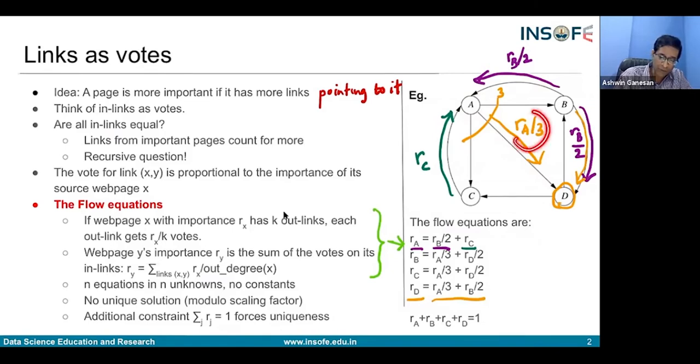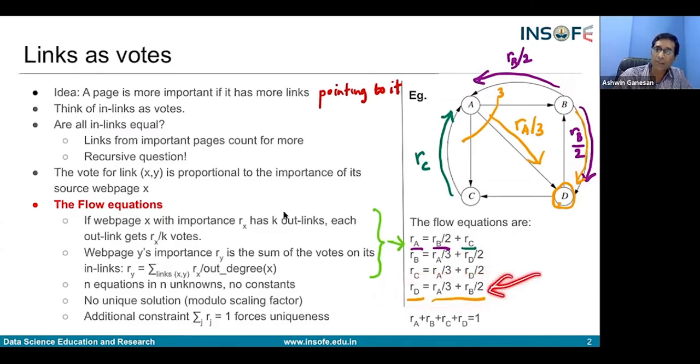Therefore, a score of RA/3 is given to D. Similarly, there are 2 outlinks from B, and so web page D gets half of the importance of web page B. When B points to D, B is endorsing D, supporting D, or voting for D. In fact, it's giving half of its importance to D, and the other half to A. That's how you get the equation RD equals RA over 3 plus RB over 2.